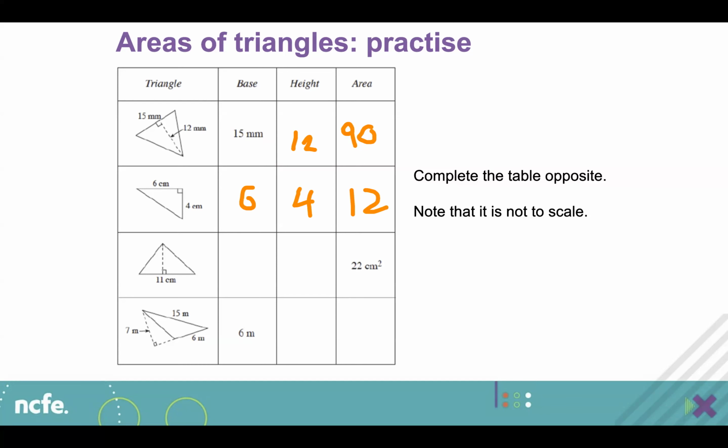And the third one would be, so the whole base, it gives us the area, which is half base times height, which equals 22 centimeters squared. So we know the answer is 22 and it tells us that the full base is 11.